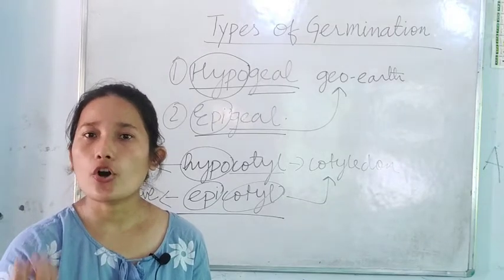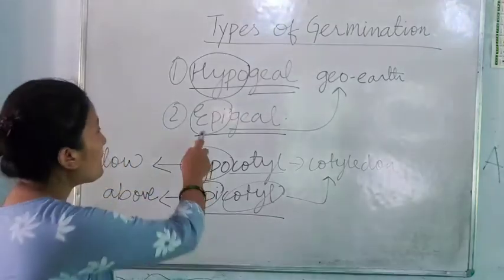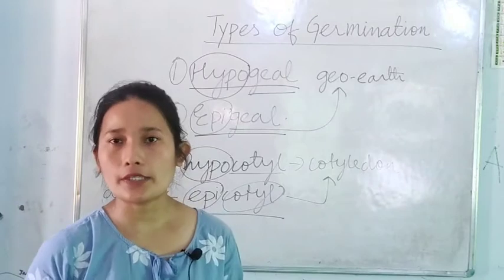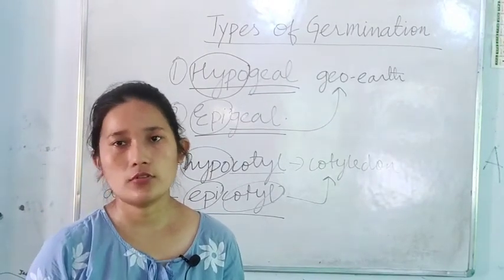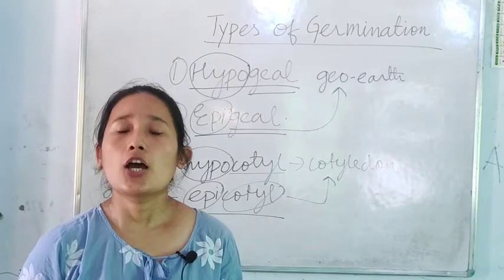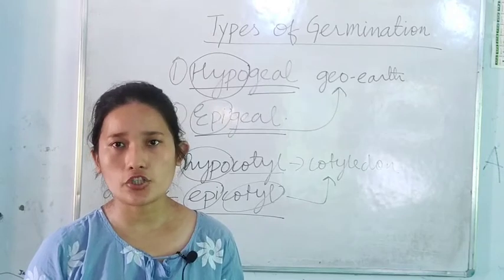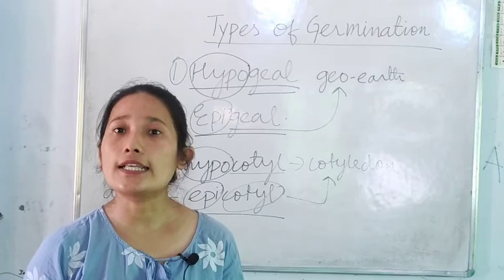And in case of epigeal germination, epi means above the ground, that means your cotyledon rises above the ground. Next we will take an example of both hypogeal and epigeal germination and study it in detail.